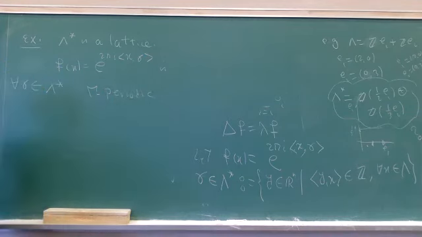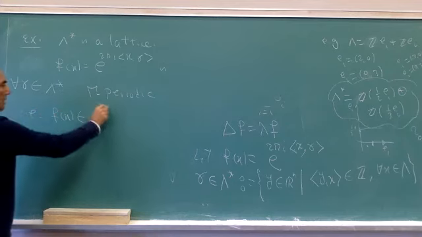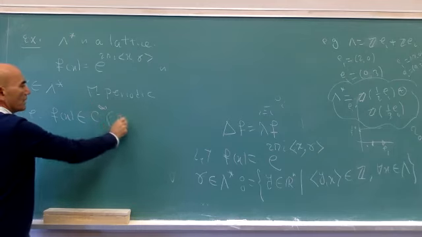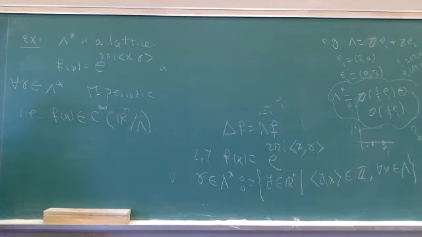So this gives us a function on the torus, right? I.e., f of x belongs to C infinity of R^m modulo lambda. But it's not just that, it's actually an eigenfunction for the Laplacian also.